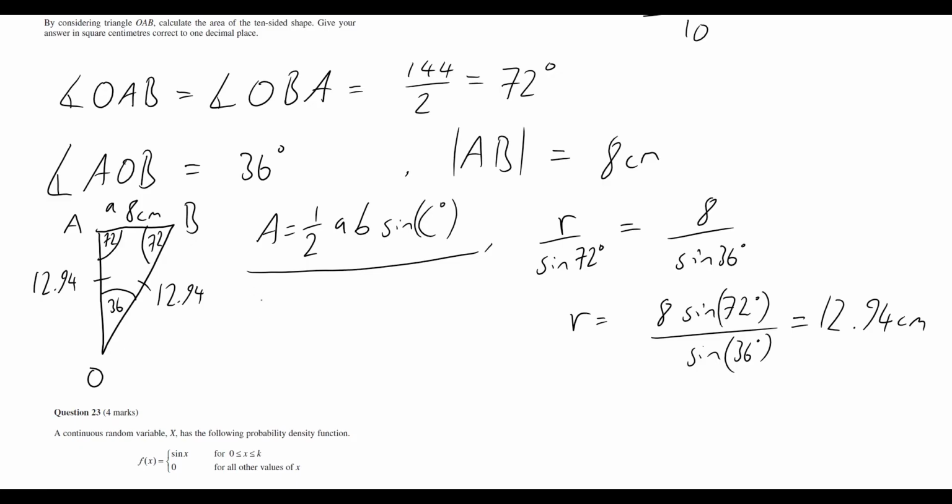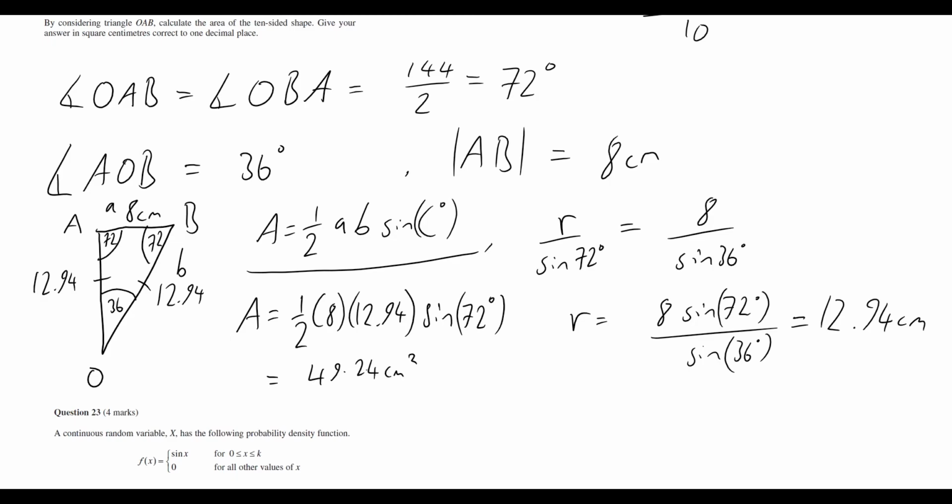So putting those values into our formula now, what we get is that A, the area of the triangle, is equal to half times 8 times 12.94, and now times the internal angle between A and B, which is going to be sine of 72 degrees. Okay, and now putting that into your calculator, what we get is it's about 49.24 centimeters squared.